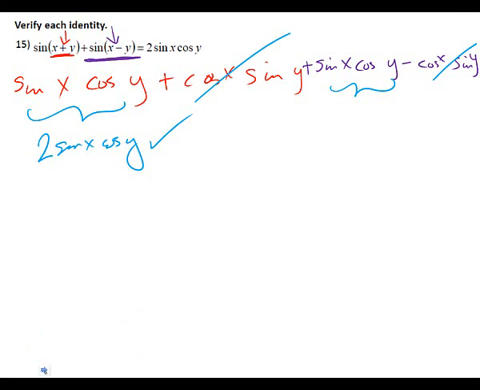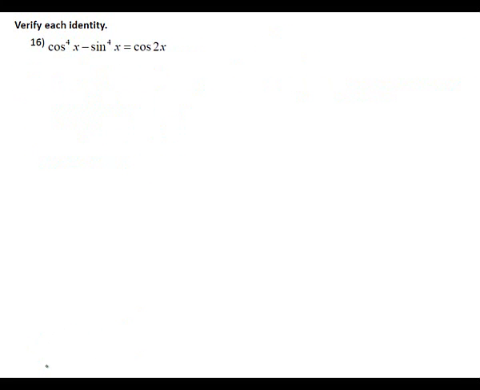Okay. Hopefully you didn't write down 16 that was up there, okay? I told you not to. I'm going to do this differently than Miss Dudley did, okay? I'm going to start by factoring this with a difference of squares, okay? So, what's the square root of cosine to the 4th?